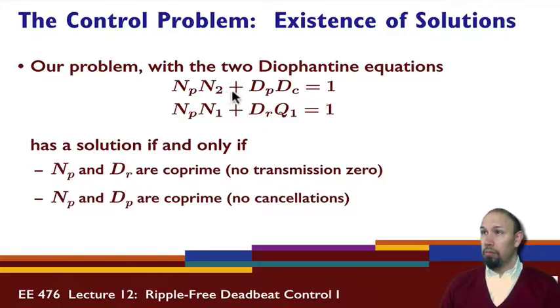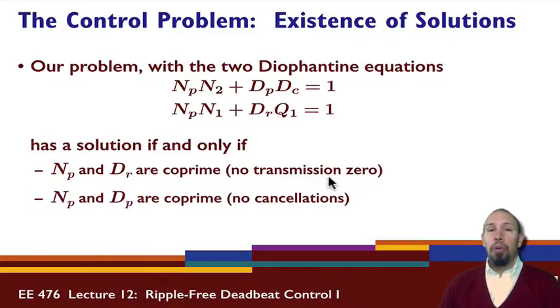So in our problem, we actually have two equations. This set of equations has a solution if and only if NP and DP are coprime, and NP and DR are coprime. So what do these actually mean? NP and DR coprime means no transmission zero.